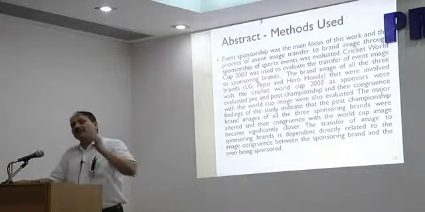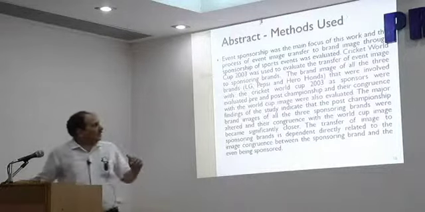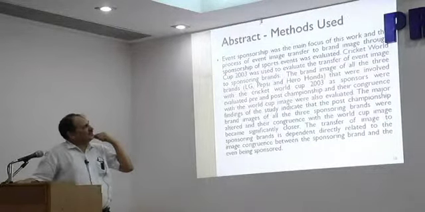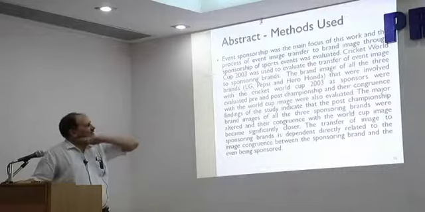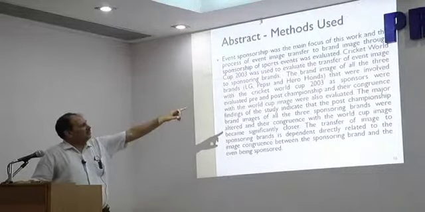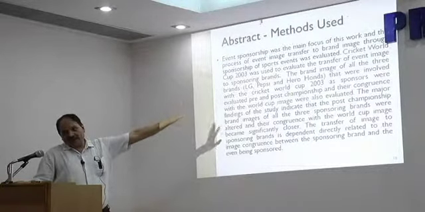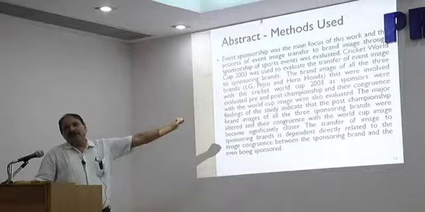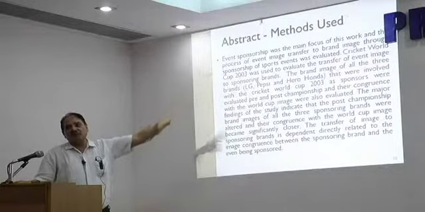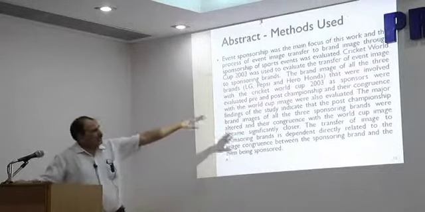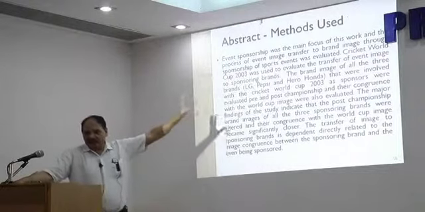So we found that the congruence with World Cup 2003 was the least with Hero Honda, and the transfer of image was also least for Hero Honda. But naturally, you can't include everything.